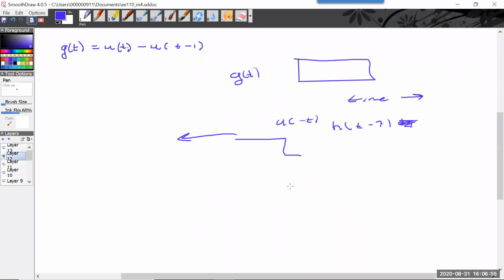So what I was doing was convolving a step times a step, and then I added another step, and then another step, and I kept convolving these.